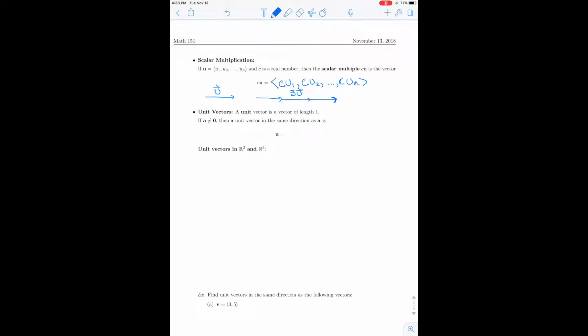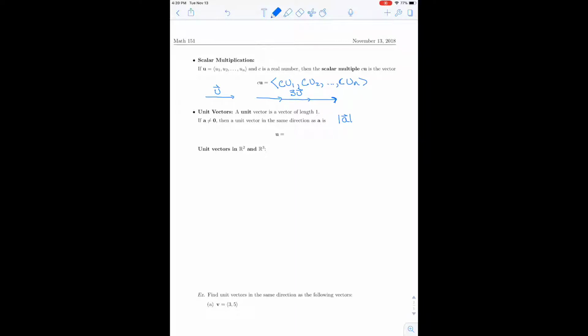So many times what we like to do is take a vector, say the vector a, and that vector has a length, maybe the magnitude of a, and we want to find a vector, a unit vector, that's in the same direction as that a points.